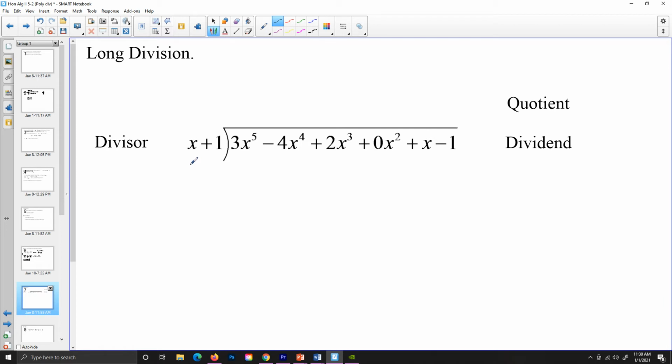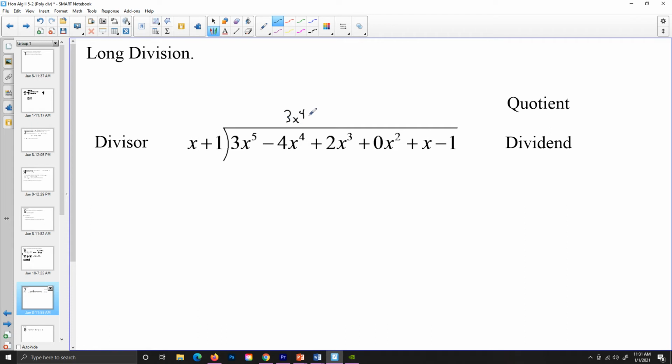So for us to do this long division, we are going to look at this leading term and this leading term. And I'm going to ask myself, what times x is 3x to the fifth? Well, 3x to the fourth times x is 3x to the fifth. And you'll notice I write it not above the 3x to the fifth, but I keep everything in line for my columns.